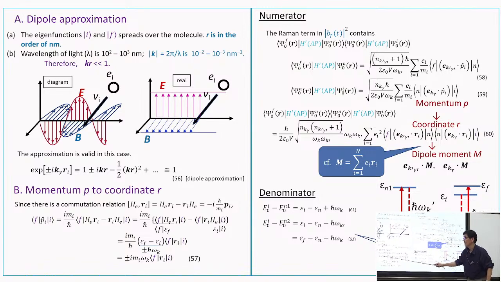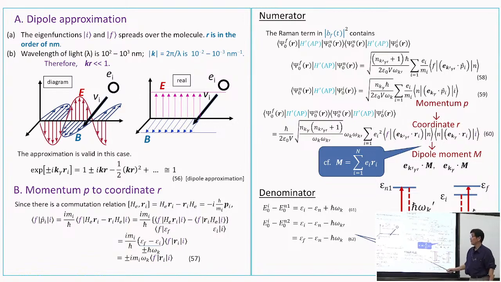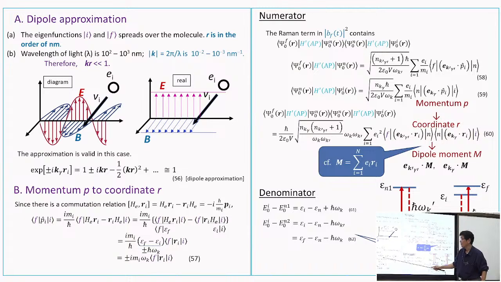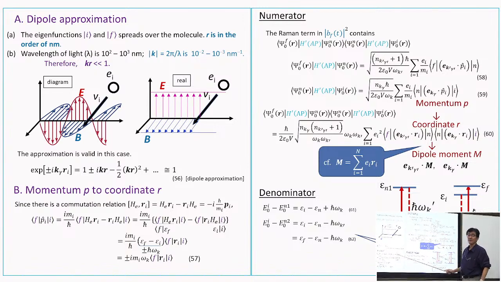And i m_i over h bar, this term can be separated into two terms: f H_e r i minus f r H_e i. Okay? It can be separated into two terms.